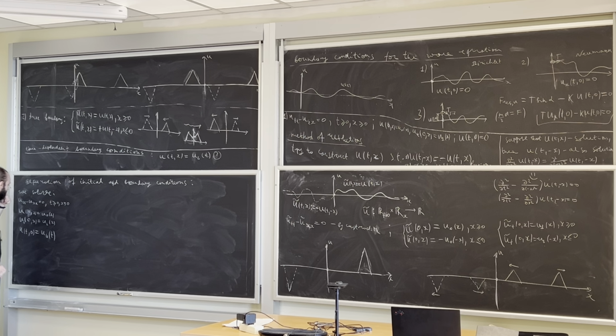So we have a problem: u_tt minus u_xx equals 0, u of 0, x equals 0, as well as its derivative, and u of t, 0 equals u_L of t.